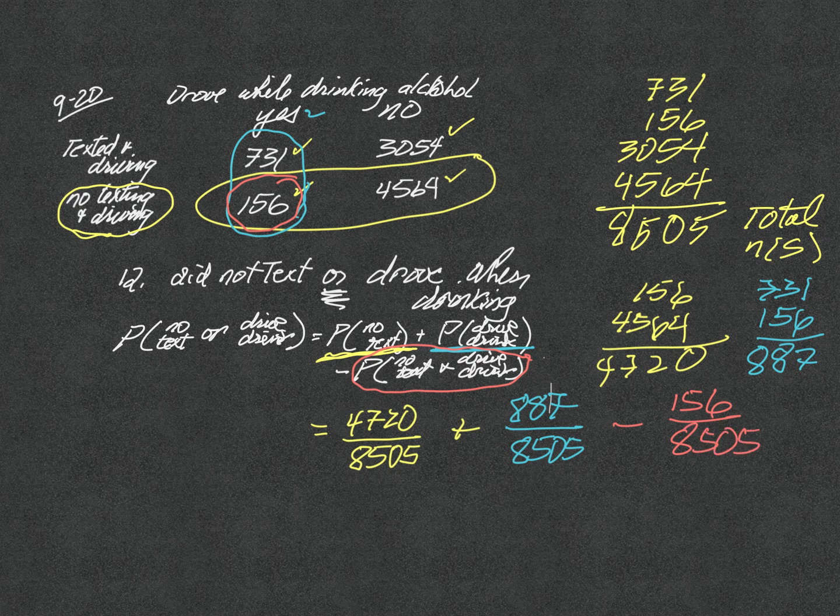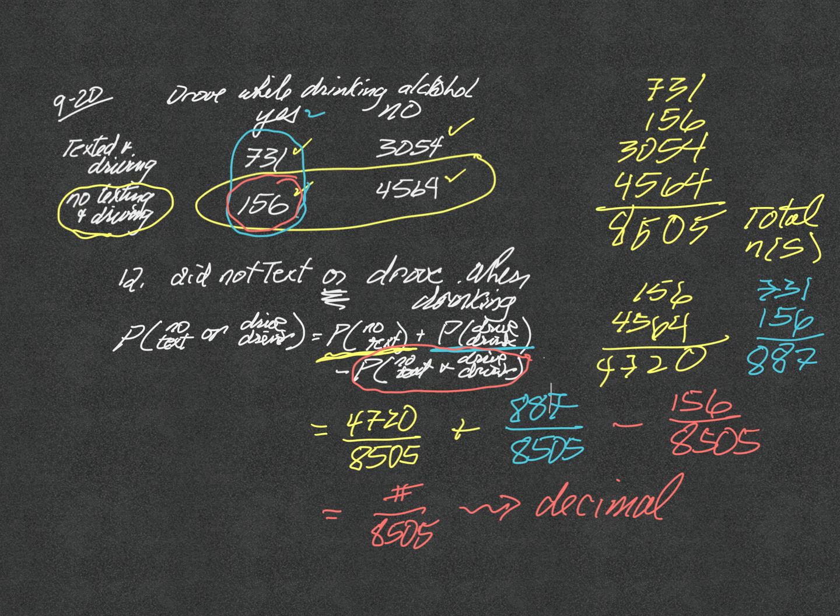And so if I add these numbers together, and I'll let you do that on your own, I take 4720 plus 887 minus 156 over 8505, I'll get a number, and then I can convert that to a decimal, and I now have my probability. And so that's how you tend to do these problems.